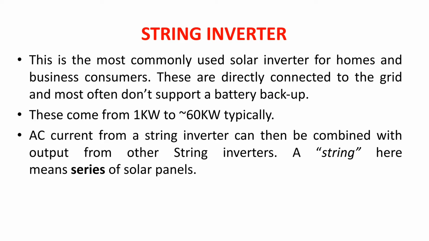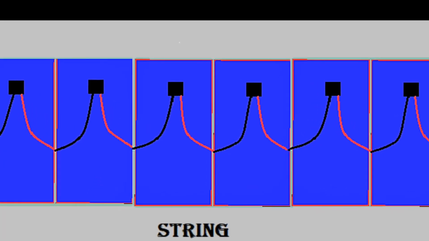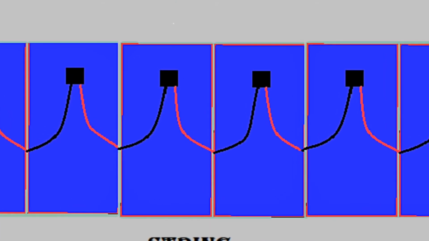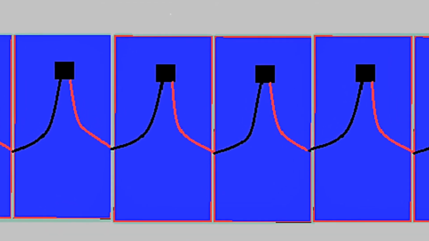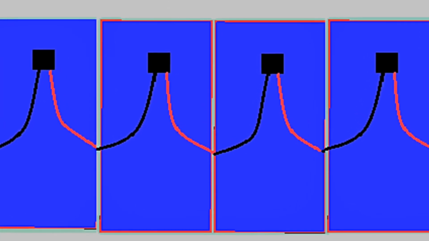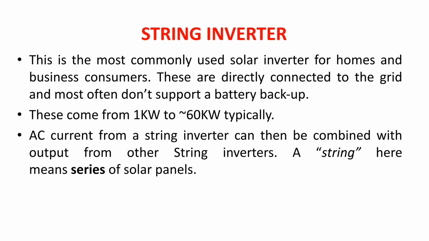And friends, do you know what a string means, or why we call this a string inverter? When n number of solar panels are connected in series, this n number can be 15, 16, 17, 20, whatever, according to the inverter's voltage range. And this picture shows how we connect solar panels in series, with the positive terminal of one panel to the negative terminal of the other.